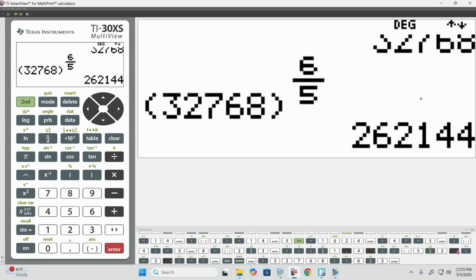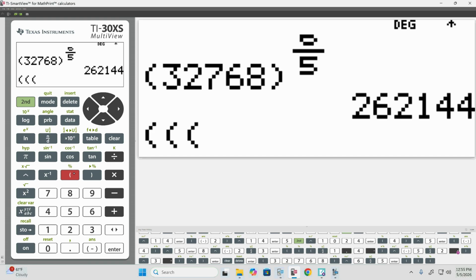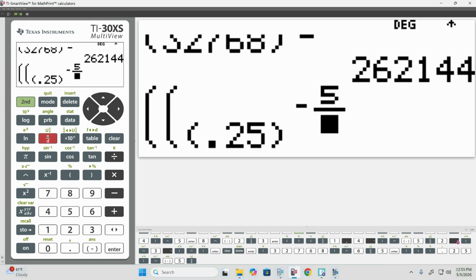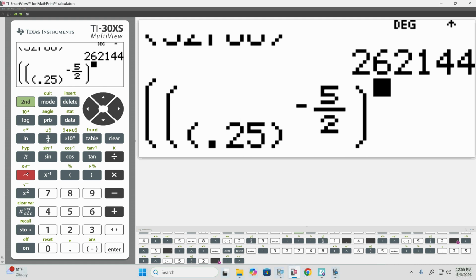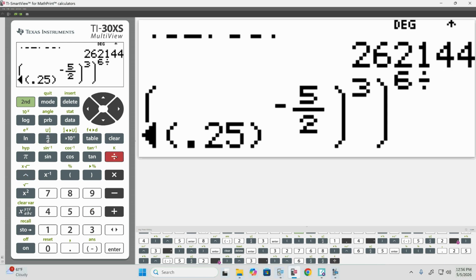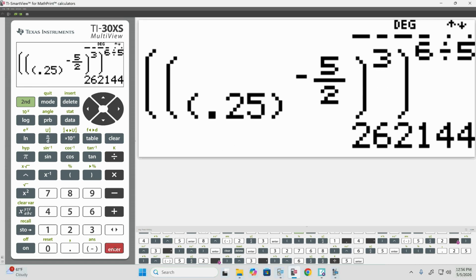I'm curious, but I have a feeling this might work. Instead of 1/4, I'm going to write it as 0.25 to the negative 5/2, to the 3rd, to the 6. It won't let us do another fraction, but we can divide 6/5, giving us 262,144.